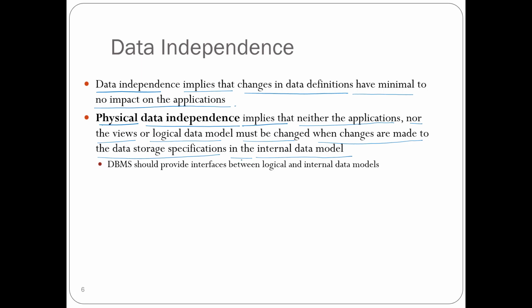In reality, the data is stored as specified by the internal data model, where the data is stored in bits and bytes on the physical storage media, where we need to have the understanding of the different file organizations, right?